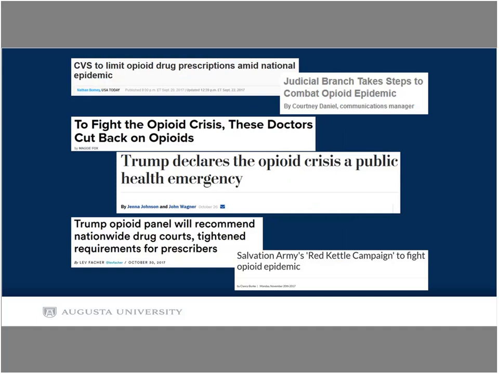CVS announced that it would limit opioid drug prescriptions as part of the national epidemic. So if you come into CVS with a prescription for 30 days, I think they're only filling a 7-day prescription. President Trump in late 2017 declared the opioid crisis a public health emergency.